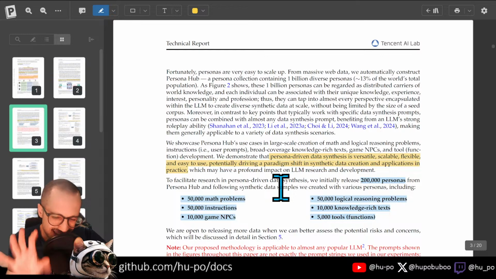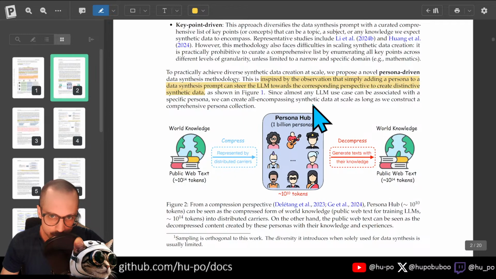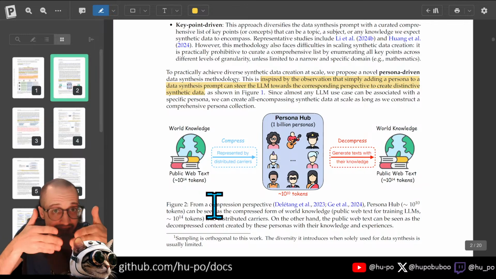This is basically the text-based version of that, and you do it by pulling out personas, which I think is very clever because it comes from some kernel of intuition here that all the text that these LLMs are trained on are fundamentally created by individual people, and each of those individual people represents a different perspective on the world, the same way that when you take a cat image and you rotate it left to right, what you're really doing there is you're providing a different visual perspective of the same object.